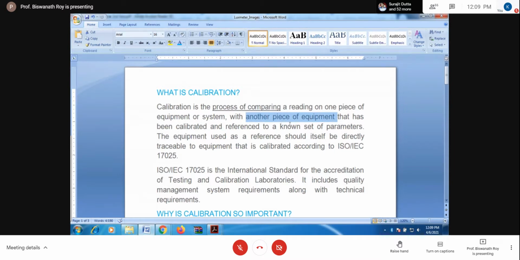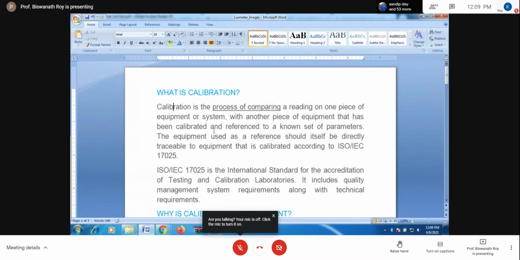So this other piece of equipment is already calibrated and referenced to a known set of parameters. Referenced to a known set of parameters means the parameter we are going to measure with the instrument.